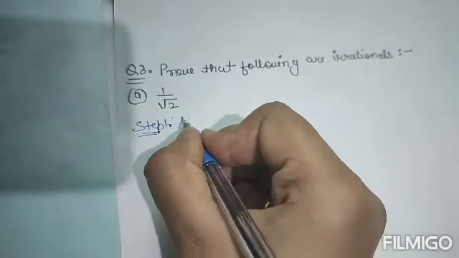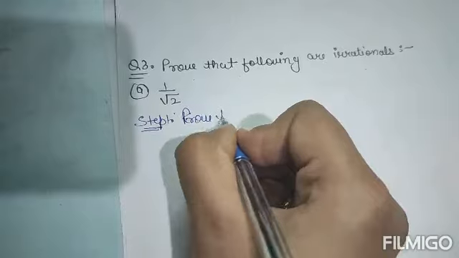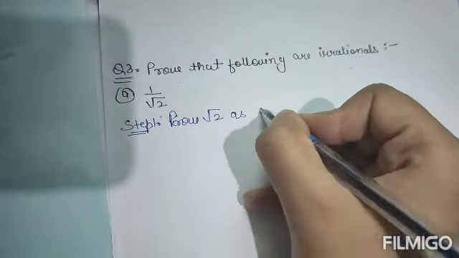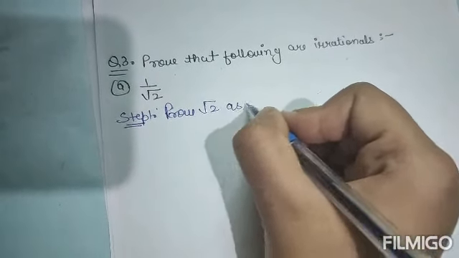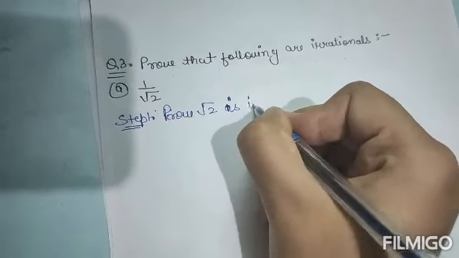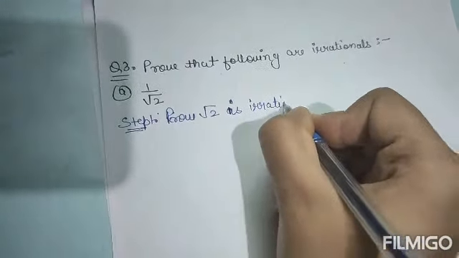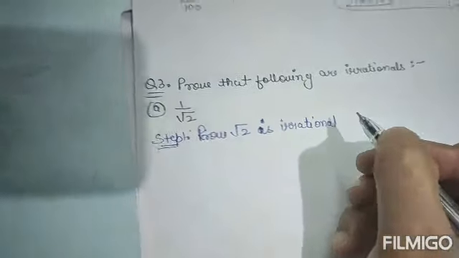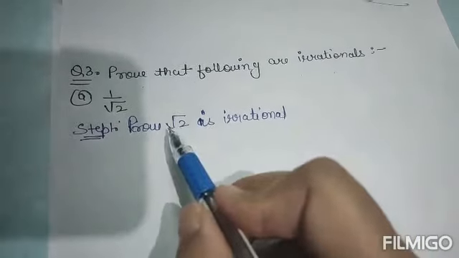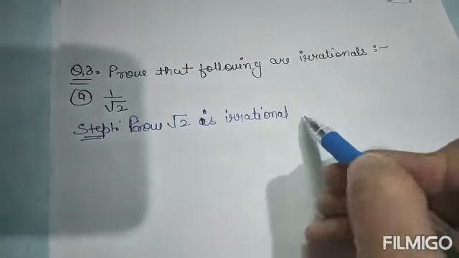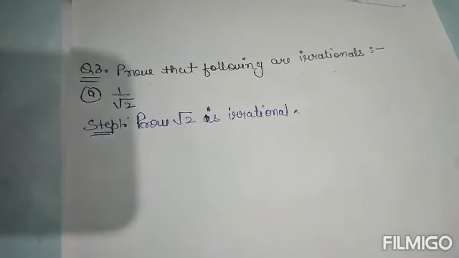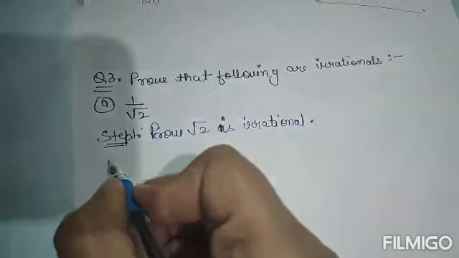Step 1 should be to prove square root of 2 is irrational. Look, we have already proven square root of 2 as irrational. Okay, so you have to do that whole proof again here and then move to step 2.